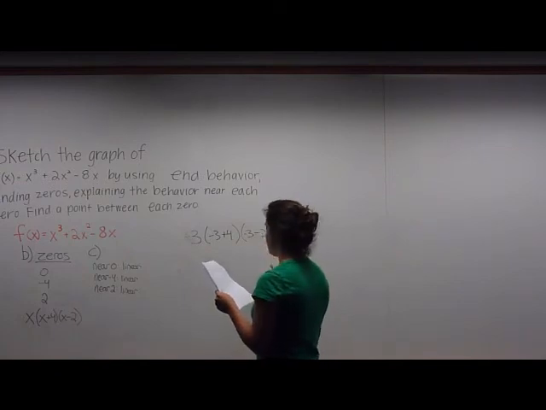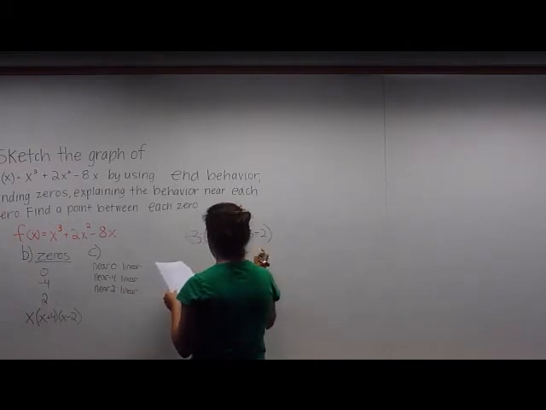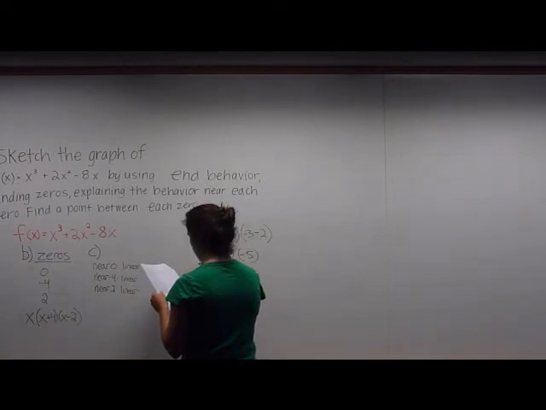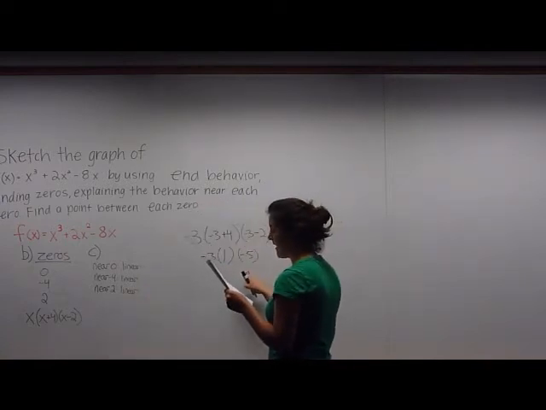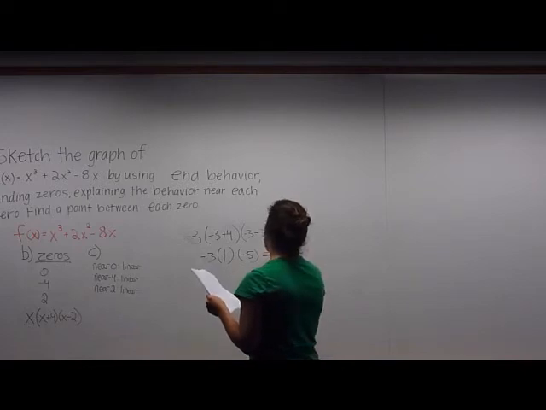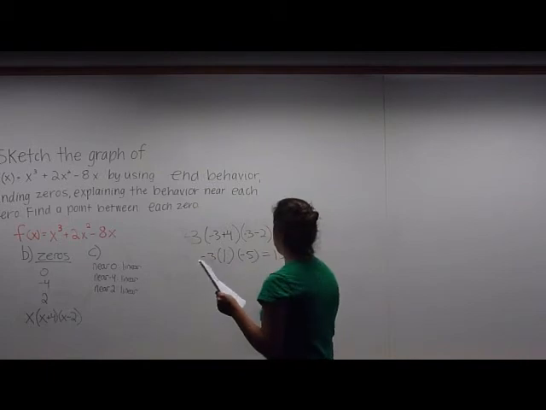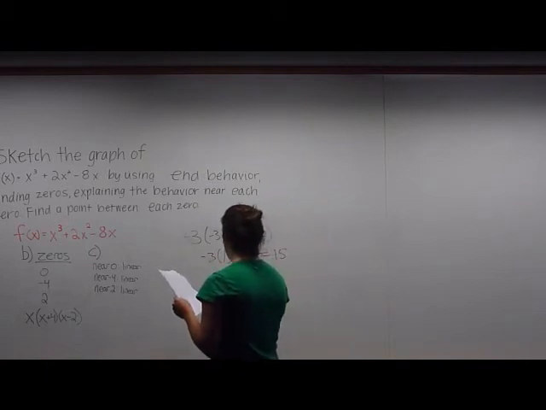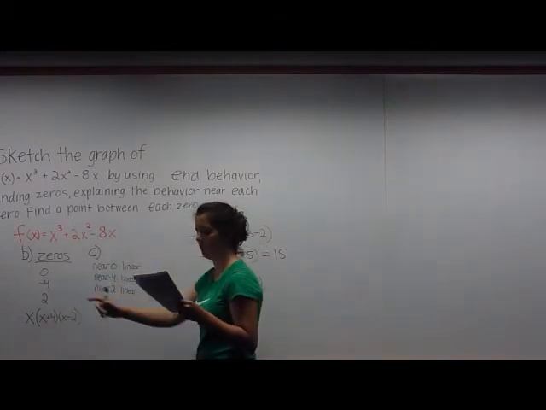Add what's in parentheses first. Negative 3 plus 4 is 1. Negative 3 minus 2 is negative 5. Multiply negative 3 by 1 by negative 5, this gives you 15. So where x is negative 3, y is 15, this leaves you with a point, negative 3, 15, between the zeros, 0 and negative 4.